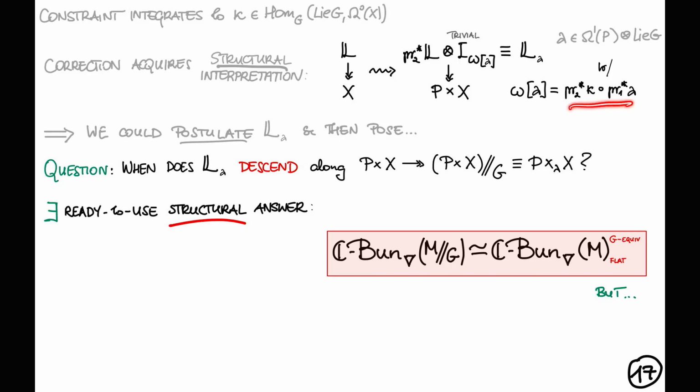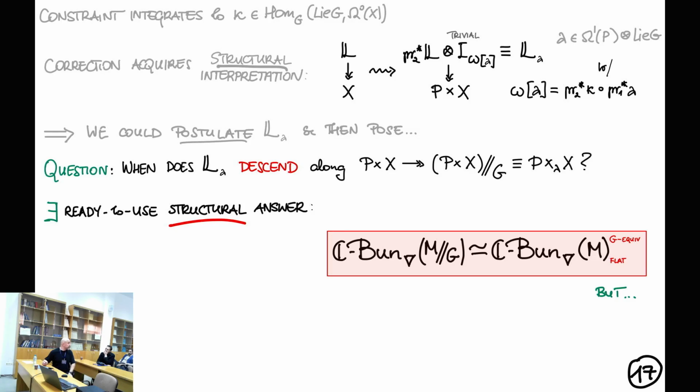It's just the co-momentum contracted with A. And then I have to ask myself, under what circumstances does this beast descend to the quotient of P times X, on which the group acts freely and properly, that is, to the associated bundle, which is the field bundle for the field theory with G gauged, as discussed earlier.